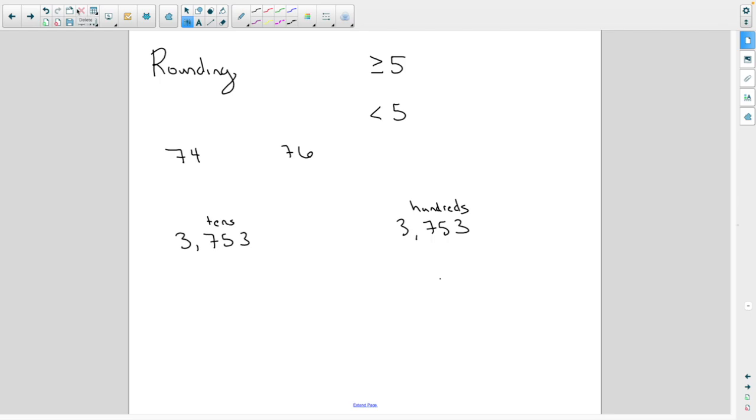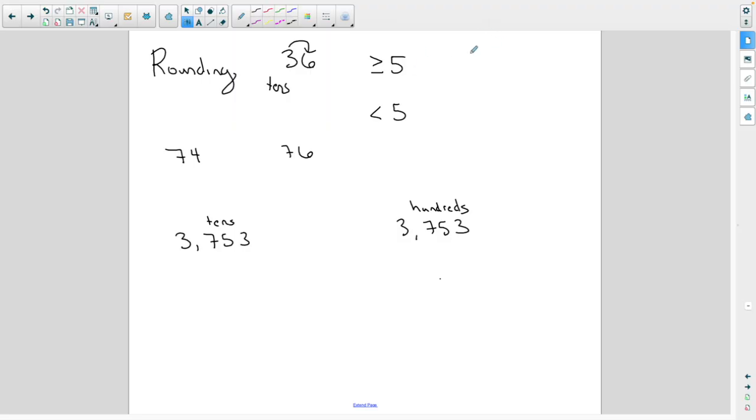And let's talk about rounding. So when we're dealing with all these numbers, sometimes we need to round. We don't need exact numbers. So let's say I look at 36, and I want to round to the tens place. I look at the ones digit and I say, oh, it's a 6. Is 6 greater than or equal to 5?